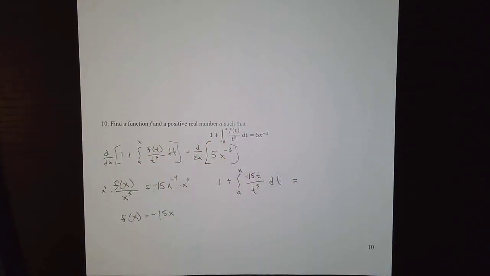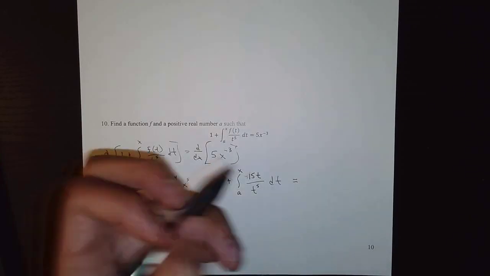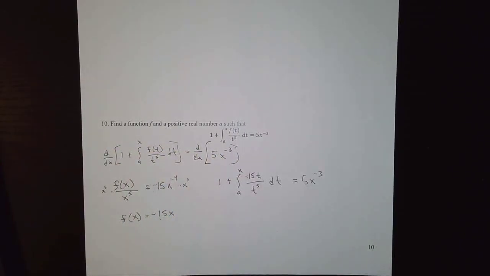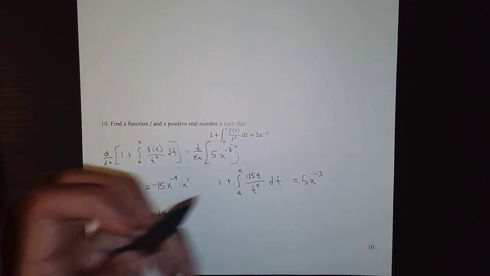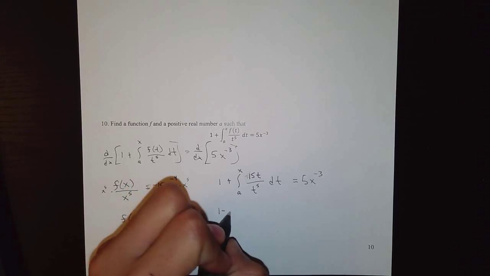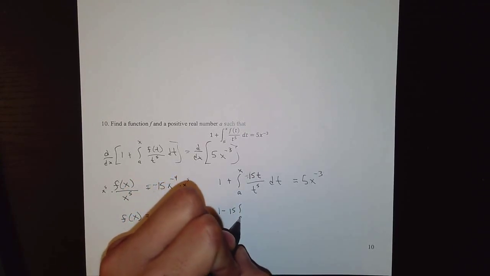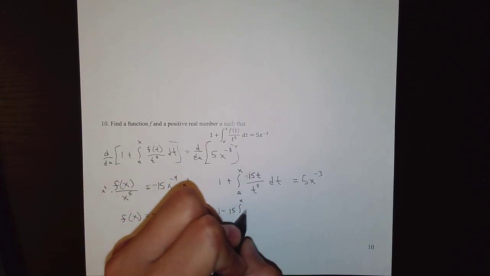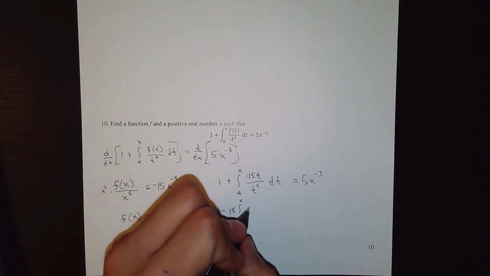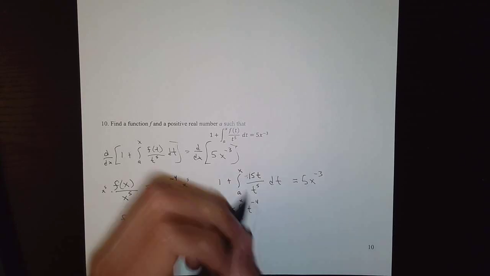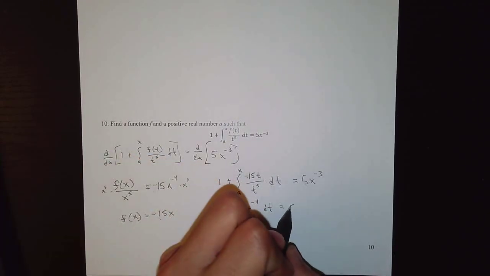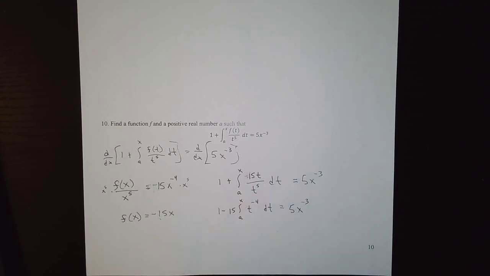And this is equal to 5x to the negative third power. Well, this also means that 1 minus 15 times the integral from a to x of t divided by t to the fifth power is just t to the negative fourth power. And this is still equal to 5x to the negative third power.